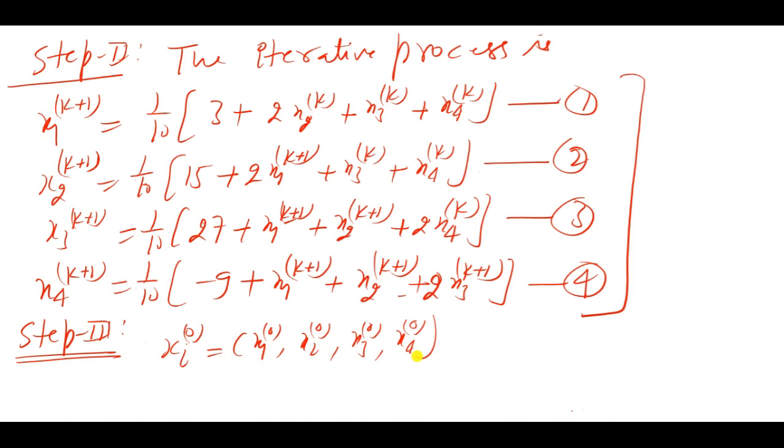If not given, then use 0, 0, 0. So x1^(0) is 0, x2^(0) is 0, x3^(0) is 0, x4^(0) is 0.